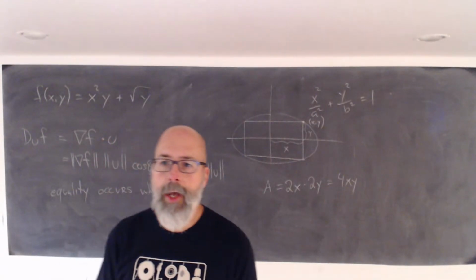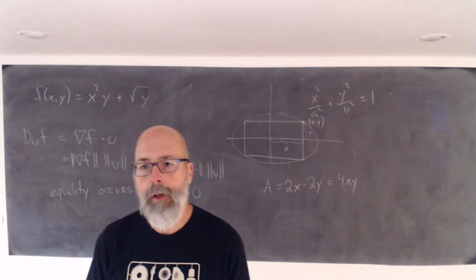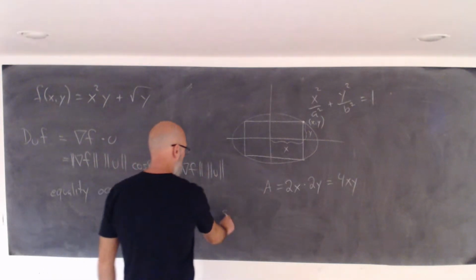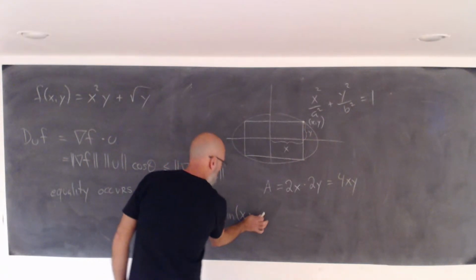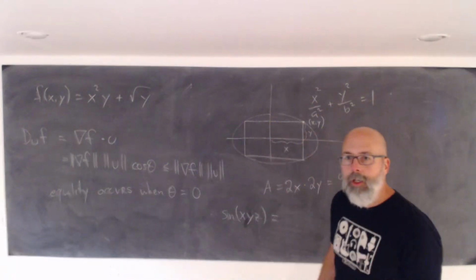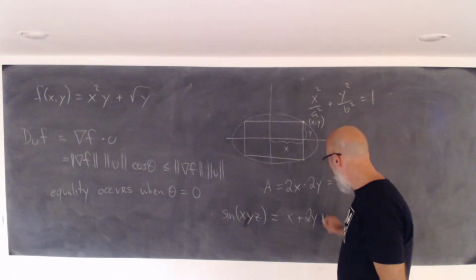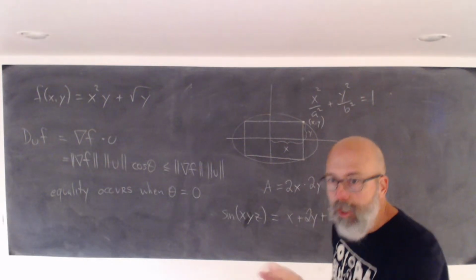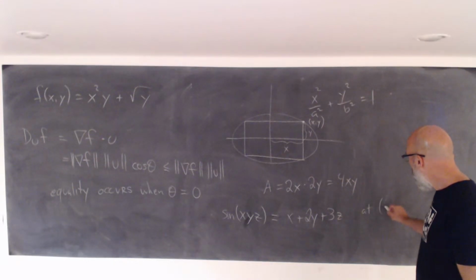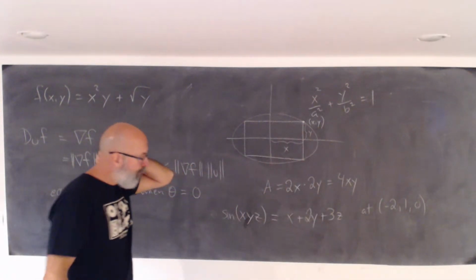Find the tangent plane and the normal line to that surface. Nishan is asking, sine of xyz equals x plus 2y plus 3z, I'm going to assume it's 3z, at (-2, 1, 0). So like you said, absolutely, you've got options.